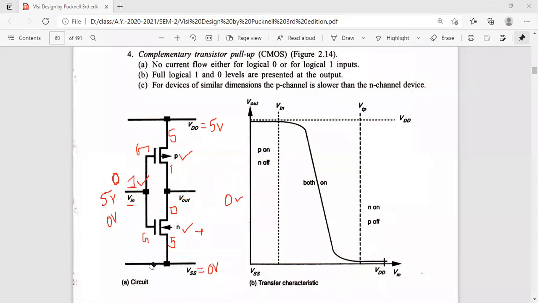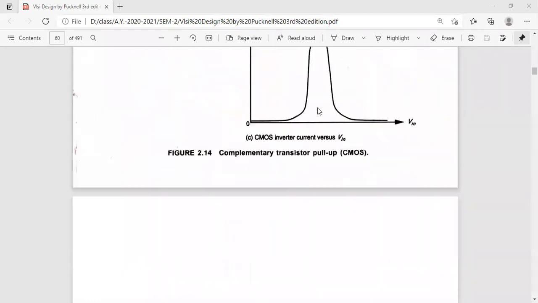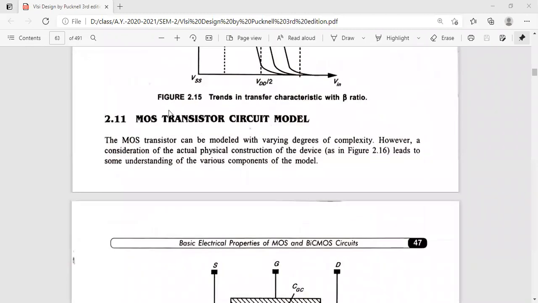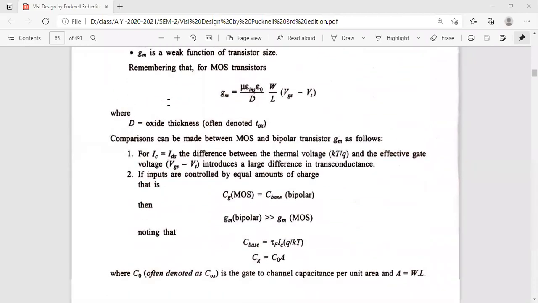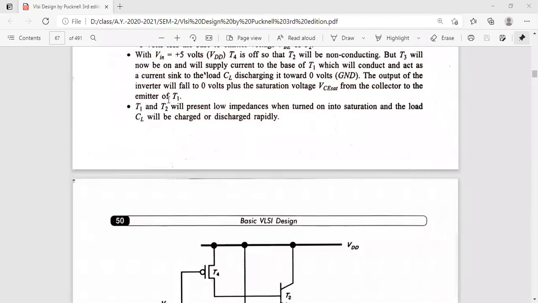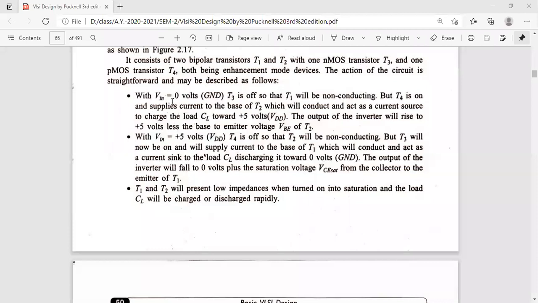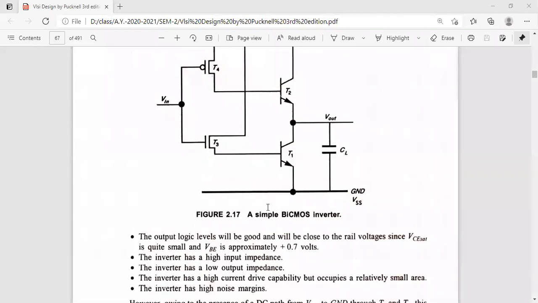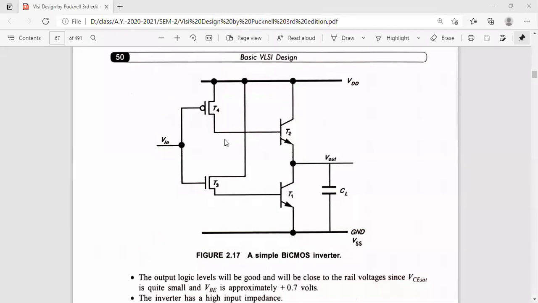Next we'll see the BiCMOS. This is the BiCMOS inverter, where we have both CMOS and bipolar transistors.